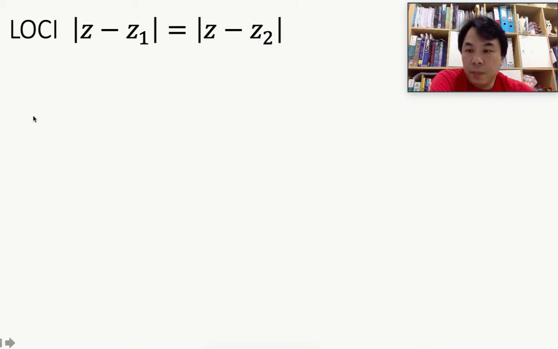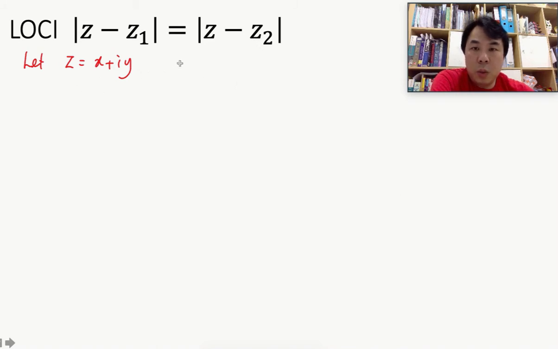So from here, we're going to let z be any point on this locus, which can be represented as such. And then z1 and z2 are basically points on the Argand diagram.